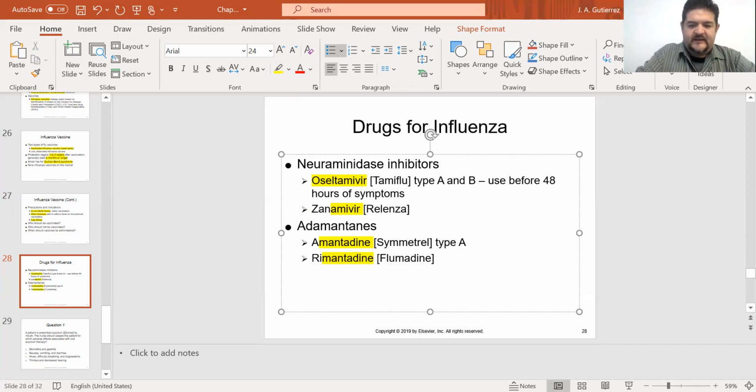And regarding amantadine, it's also used, if you remember properly, for Parkinson's disease. Regarding Parkinson's disease, they increase dopamine.